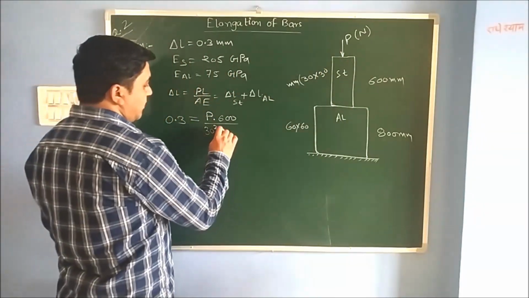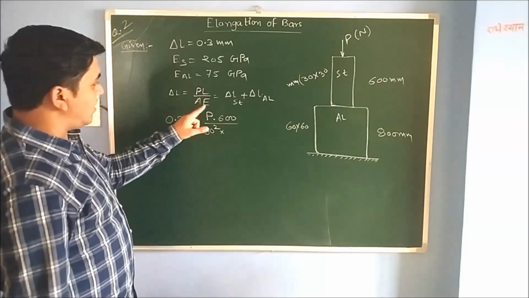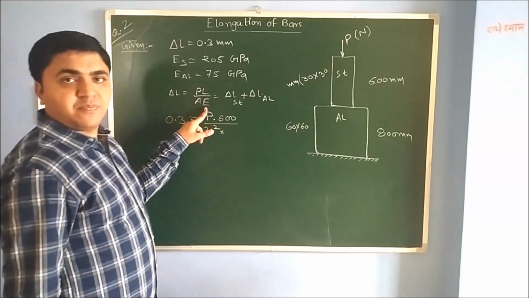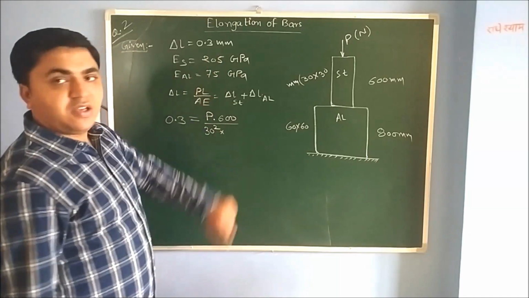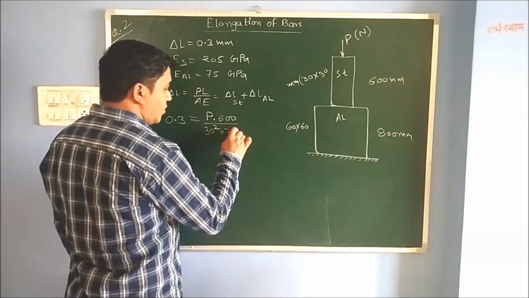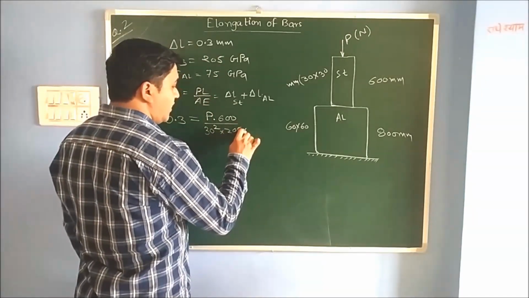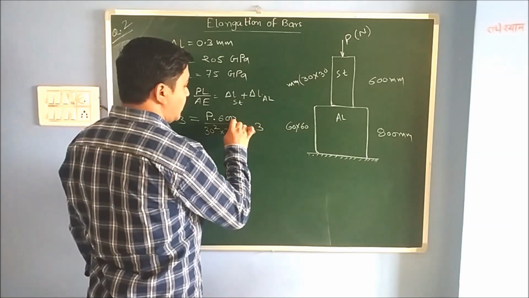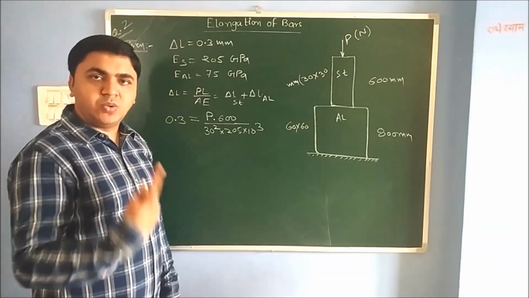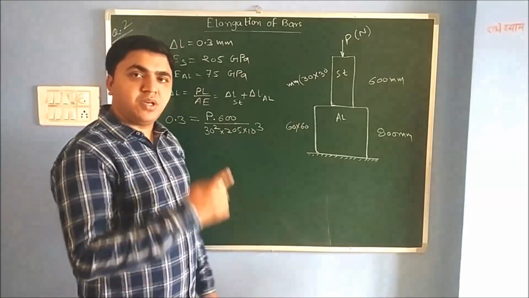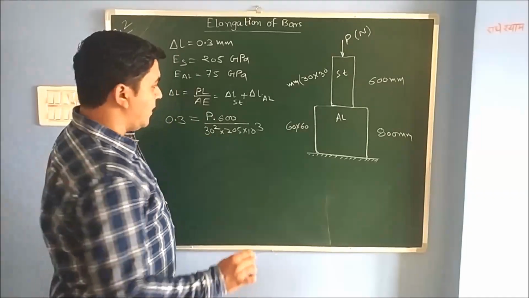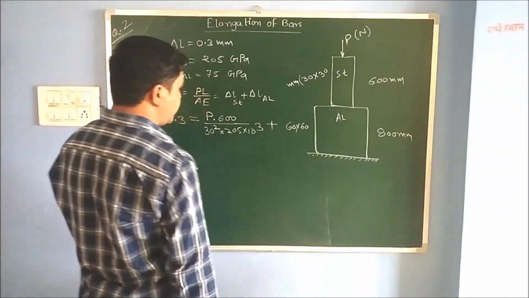So multiply the cross sectional area. After that, E, Young's modulus of steel, that is 205 GPa. So I have to do 205 multiplied by 10 raised to power 3 for converting GPa into MPa, because every unit should be Newton and mm. Okay, so plus the first part.